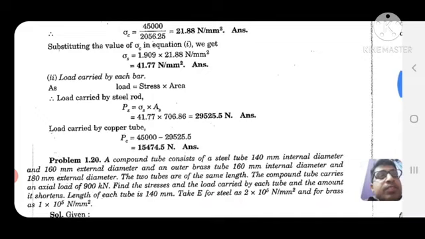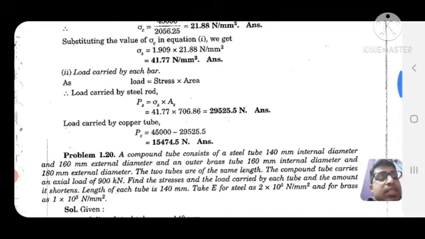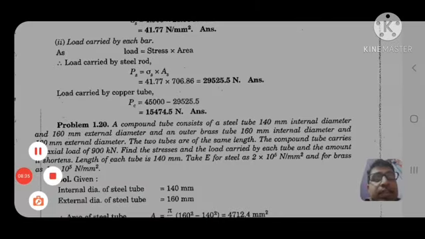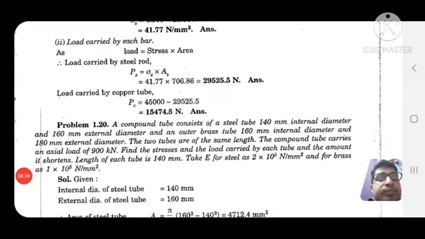Substituting the value of sigma C in this equation, we get the load carried by each bar. Actually, load is equal to stress multiplied by area. So the load carried by steel rod PS is equal to sigma S multiplied by AS.